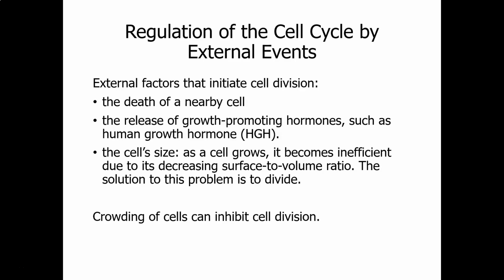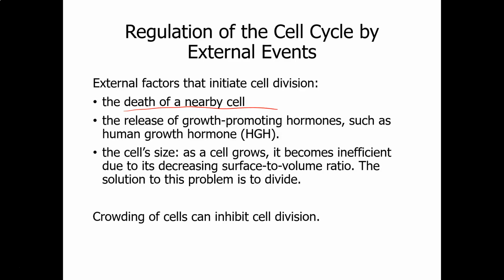So the cell cycle has to be regulated, and external factors will initiate cell division. One thing that can initiate cell division is the death of a nearby cell. So when a cell that's near to another cell dies, it can cause the cell that doesn't die to divide, to replace the one that died.